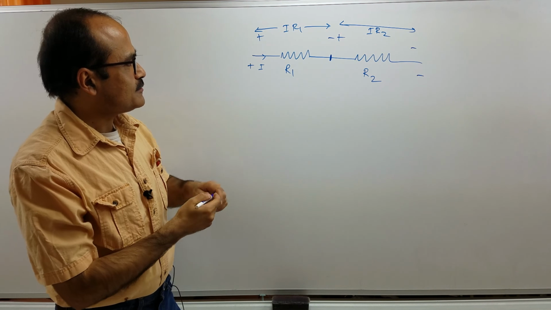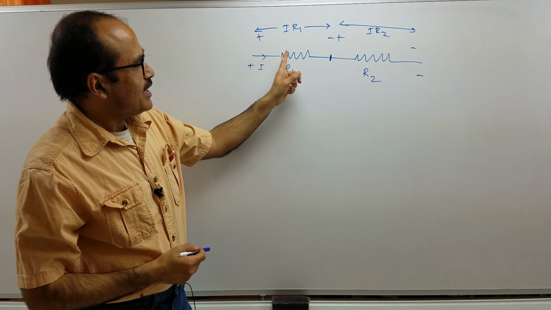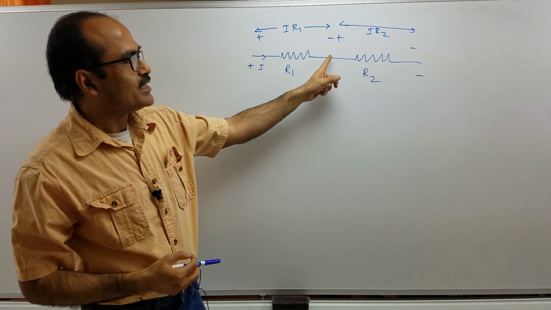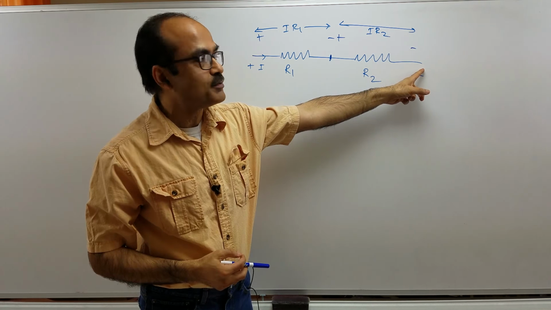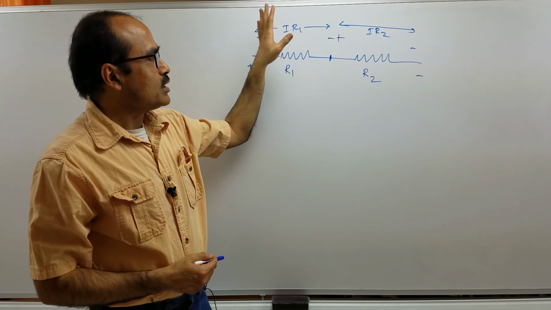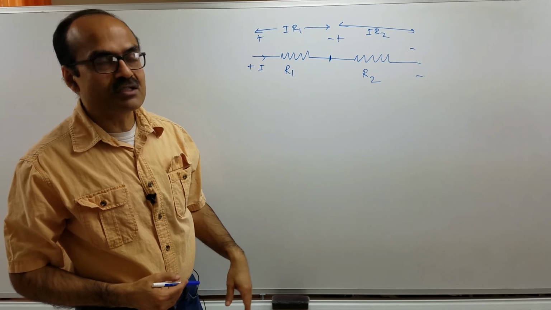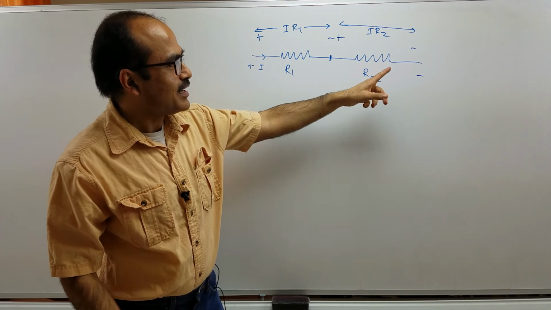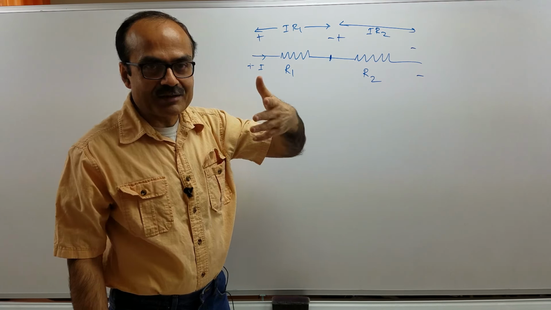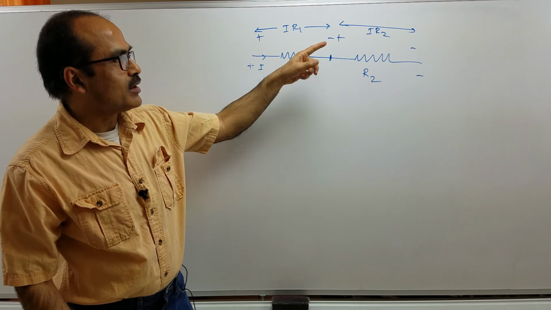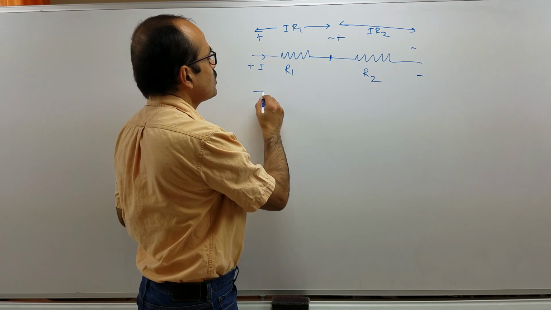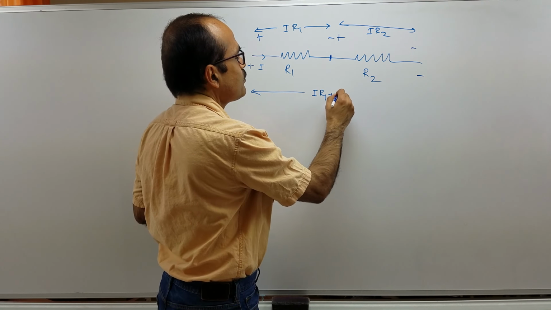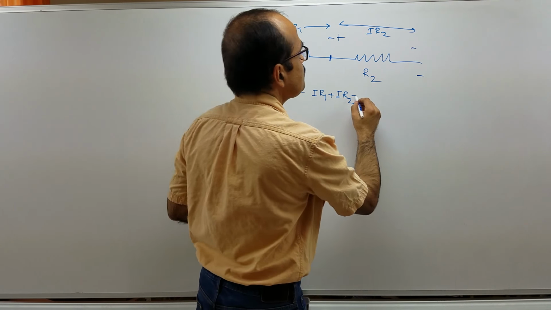So this point is at a higher potential compared to this point by IR1, and this point is at a higher potential compared to this point by IR2. So if we add up these two potential differences, then this point is higher than this point in potential by IR1 plus IR2. So the total potential difference between these 2 points is IR1 plus IR2.